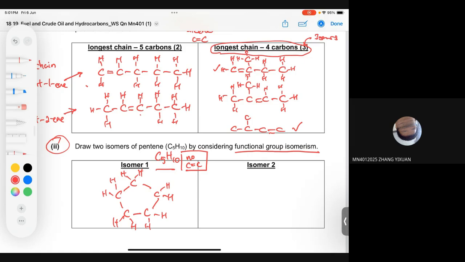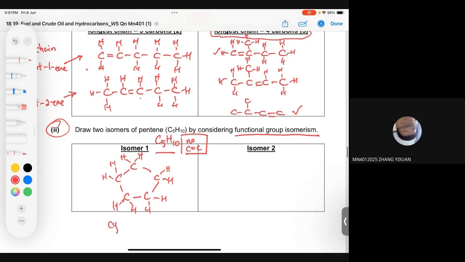This is called a cyclopentane, because it's in a cyclical shape. It is an alkane because there's no C double bond C, and it contains 5 carbons. So this is called cyclopentane. You don't need to know the names.